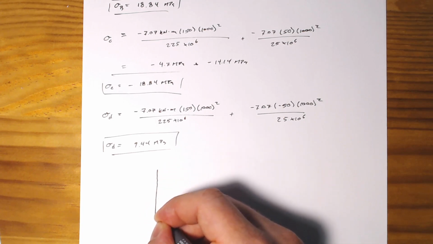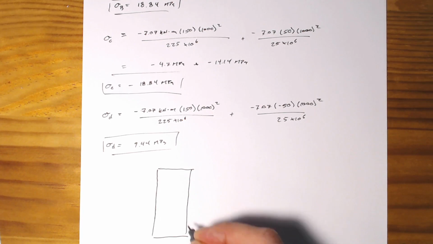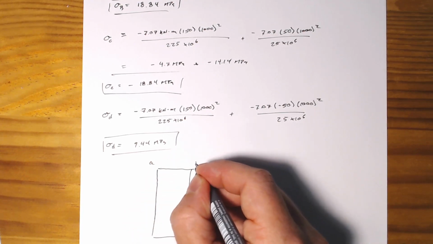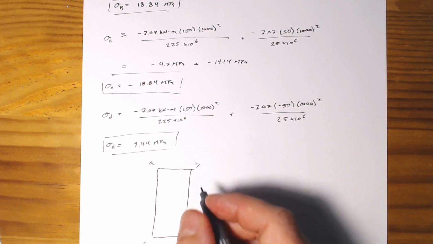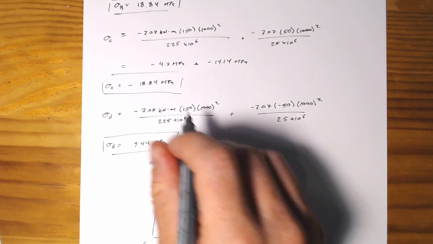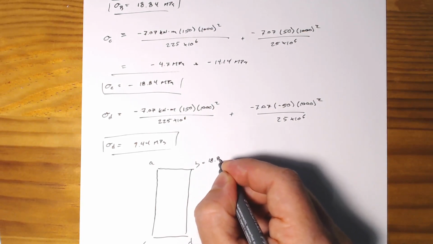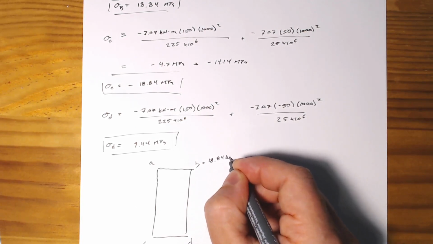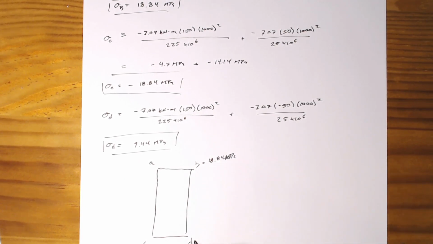So let's go ahead and plot what the stress distribution would look like as a cross section. So we've got A, B, C, and D. Sigma B equals 18.84 megapascals. Sigma D equals 9.44 megapascals.